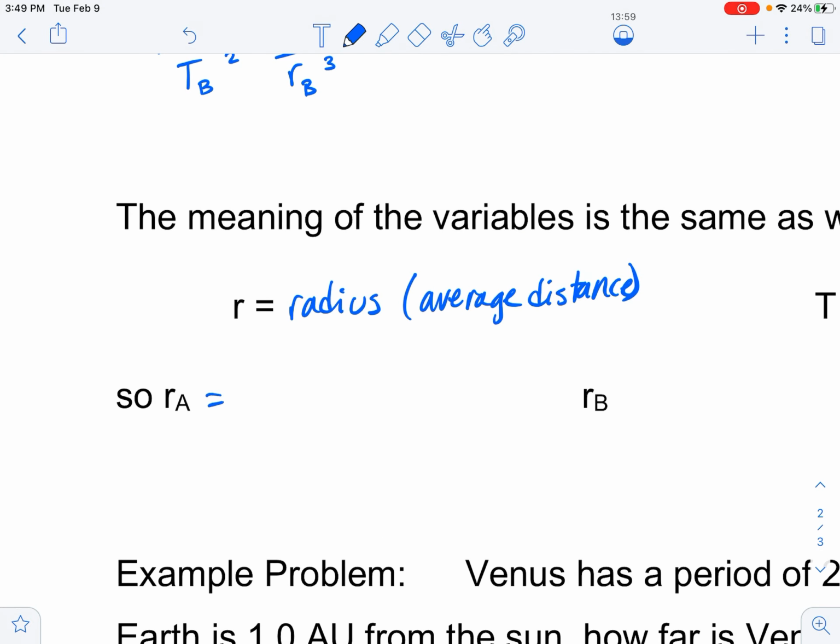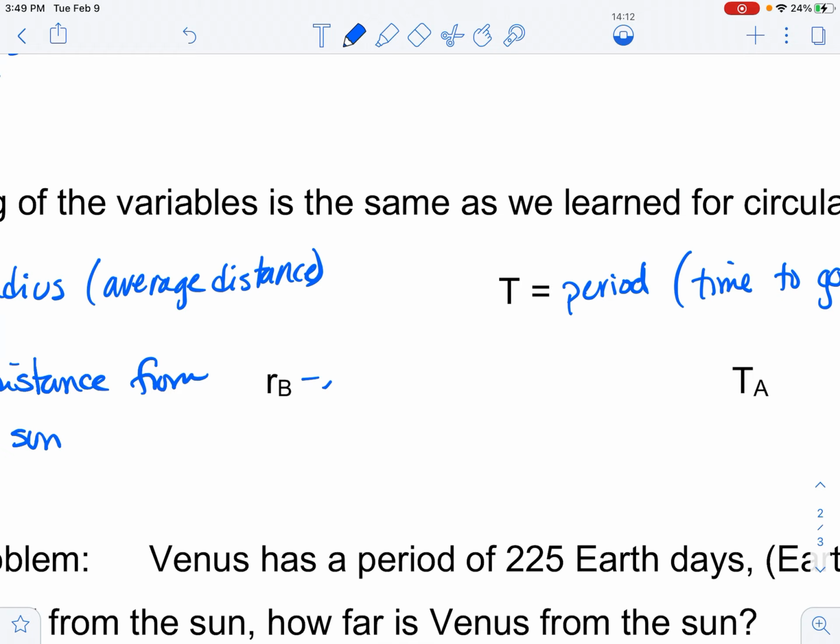So RA is going to be the average distance from planet A to the sun. RB is the average distance from planet B to the sun.